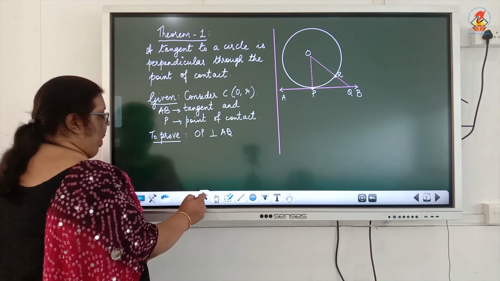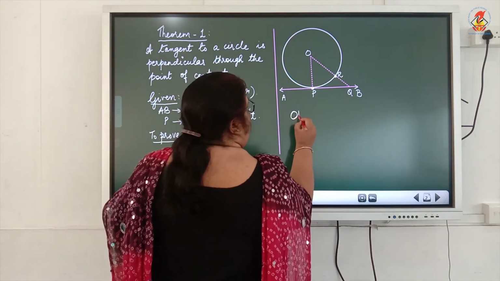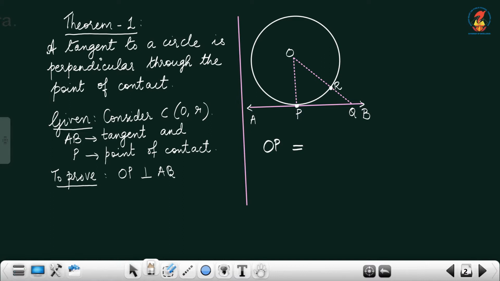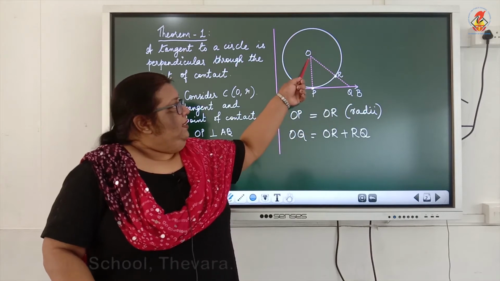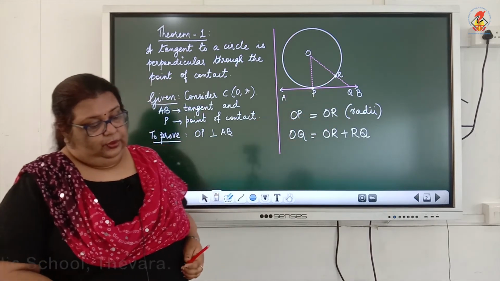So see here, OP is equal to OR. Reason: radii of the circle. Also OQ is equal to OR plus RQ. Look into the figure there. OQ is the line segment, that big line one.